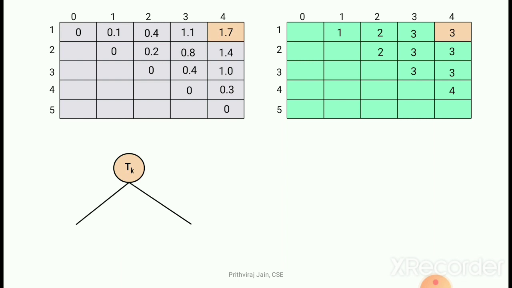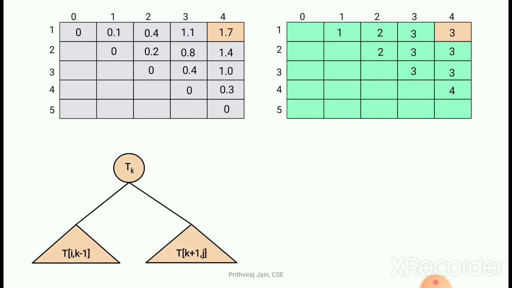Next, we have to construct the binary search tree. This is the standard form to construct it: T of k, at the left side we have T of i comma k minus 1, and at the right side we have T of k plus 1 comma j. We know that this is our optimal solution.